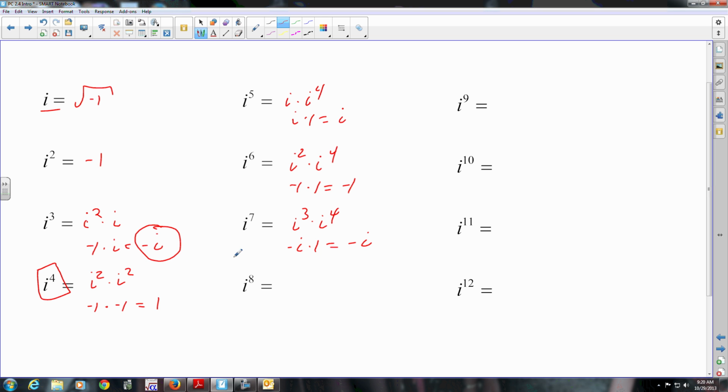So it's -i. Same thing, i to the eighth is i to the fourth times i to the fourth, which is 1 times 1, which is 1.